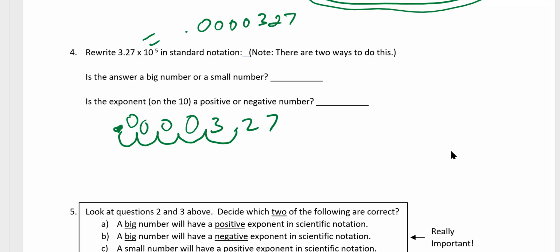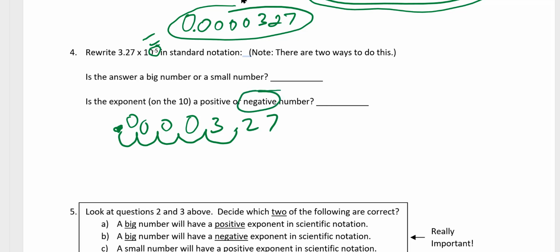It's somewhat common when you're writing a decimal, if there's nothing in front of the decimal point, just to put a 0 there. So that is the answer. This is a very small number, and notice very small numbers come from having a negative power. So the negative power gives you small numbers.